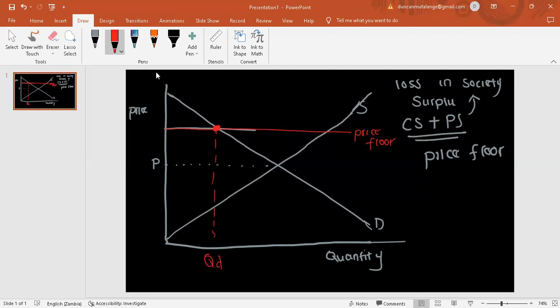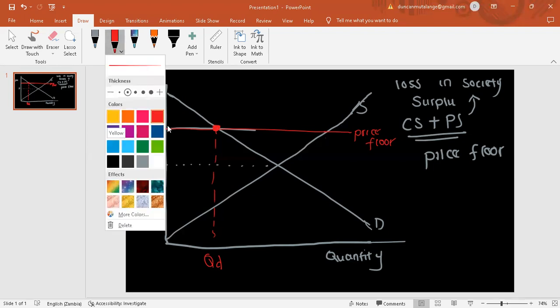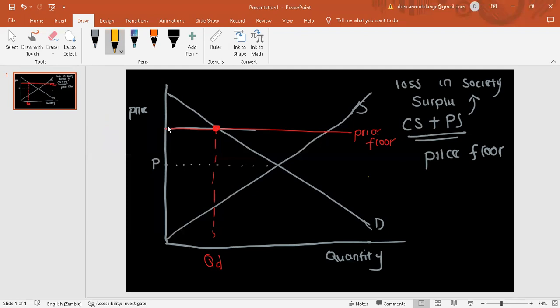We can label it as QD. All right. Because this quantity here is the quantity supplied. It's not being bought. So we consider the one that is being bought, which is right here. Okay. So now I want you to look at the consumer surplus right at this point. Because this is the quantity that is being bought, the quantity demanded, I want you to take a look at what we're going to call now the consumer surplus after the price floor has been put in effect.